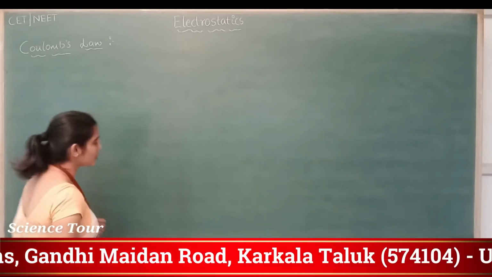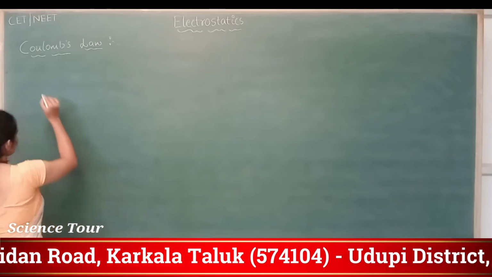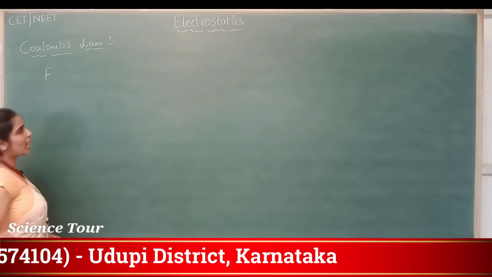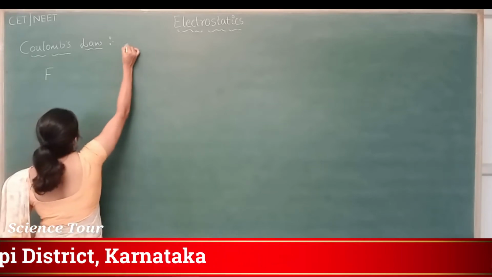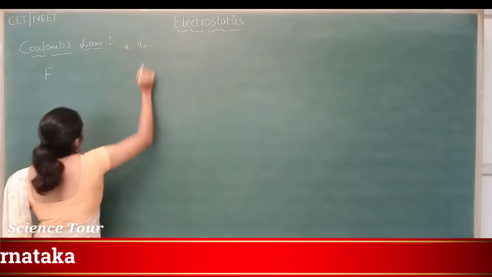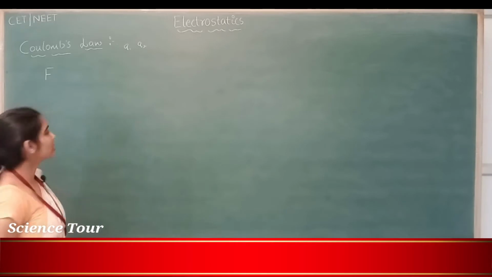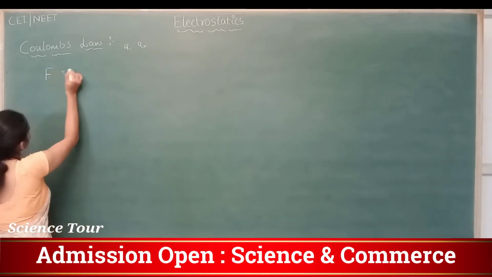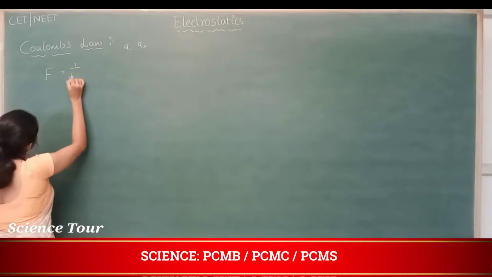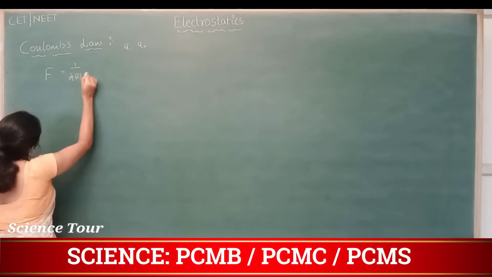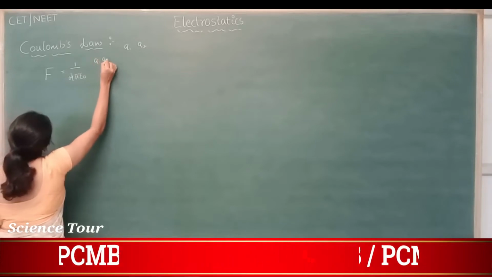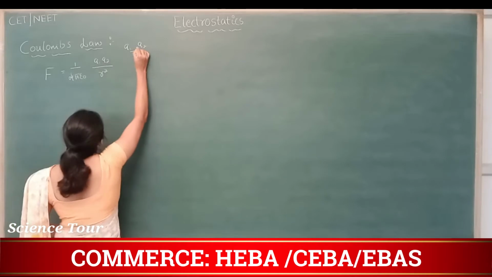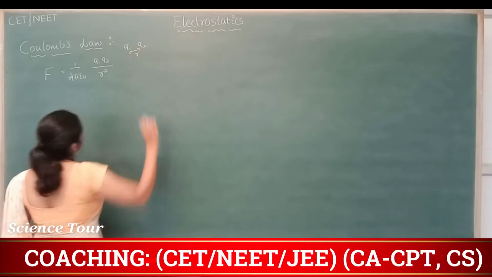So we get the expression for Coulomb's law, the electrostatic force of attraction or repulsion between two charges. Let me consider Q1 and Q2 as the magnitudes of those two charges. Then the force between them is equal to 1 by 4 pi epsilon naught Q1 into Q2 divided by R square, where R is the distance of separation between them.